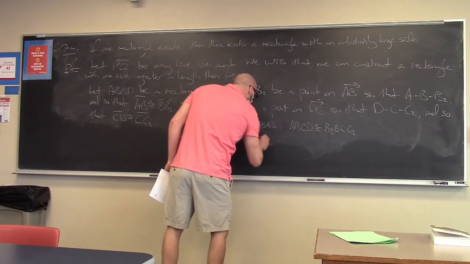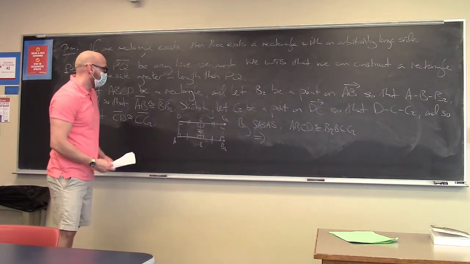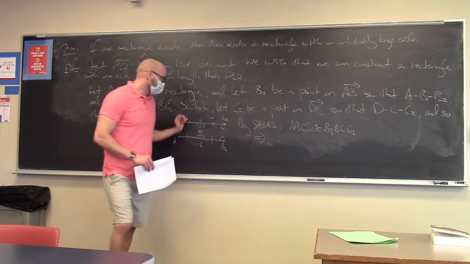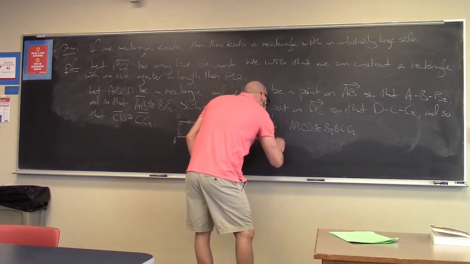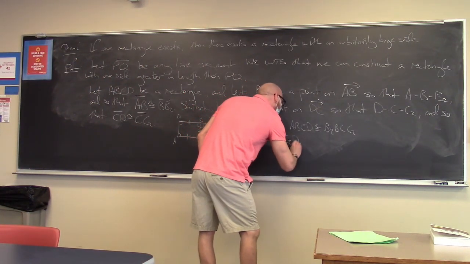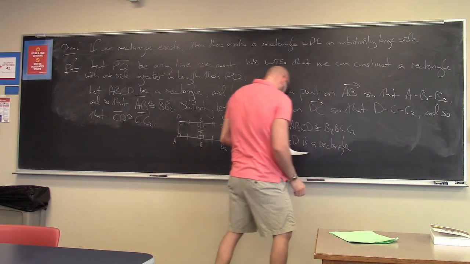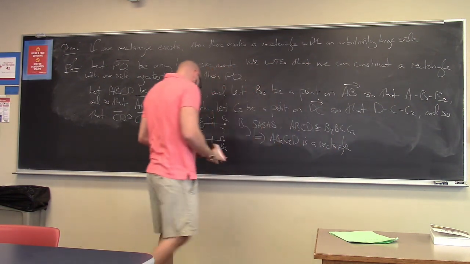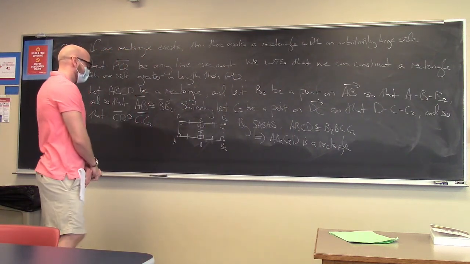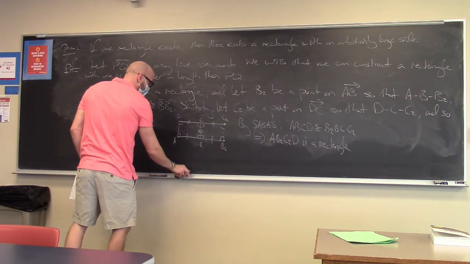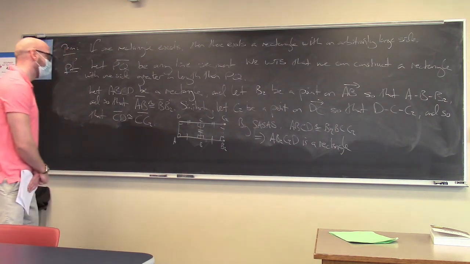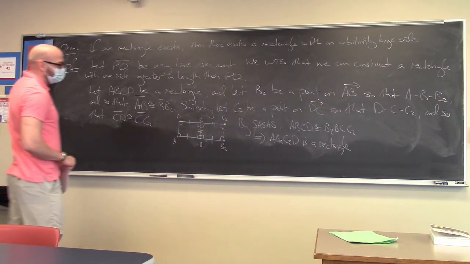And what that means is we've constructed a bigger rectangle, AB2C2D. AB2C2D is a rectangle. How long is one of the sides now?